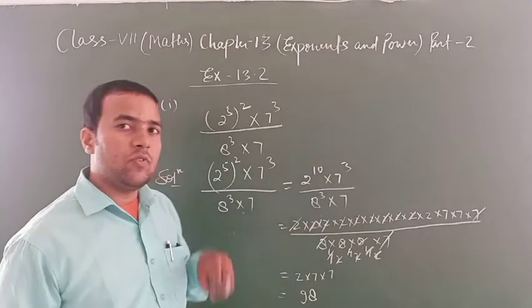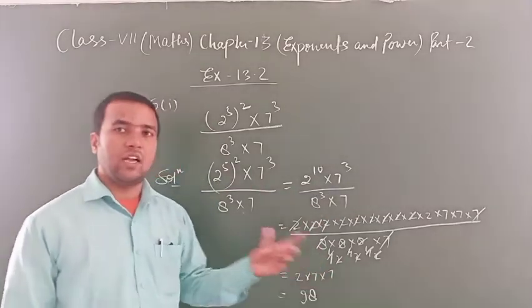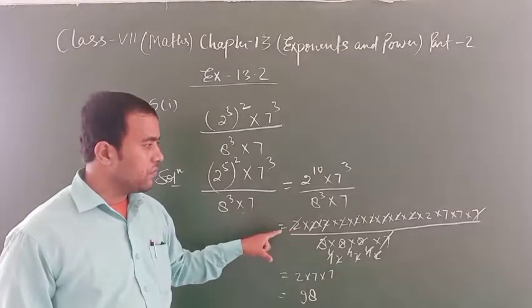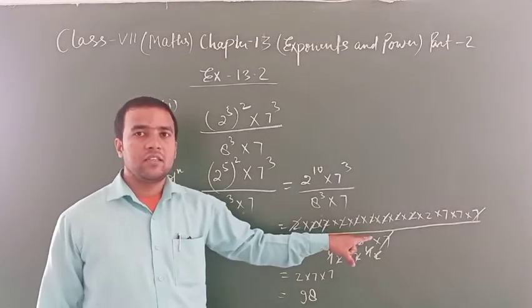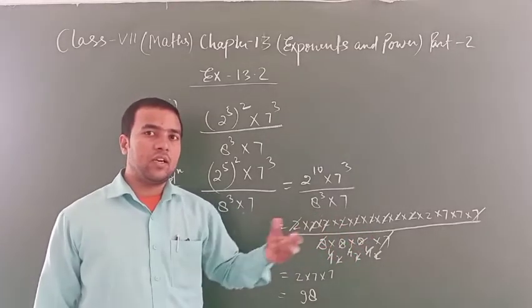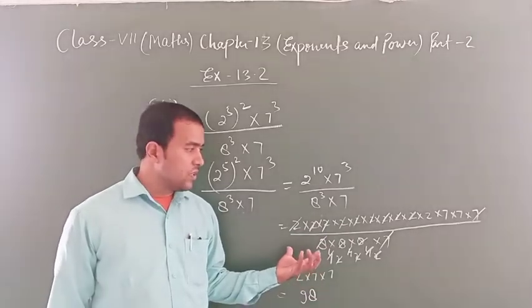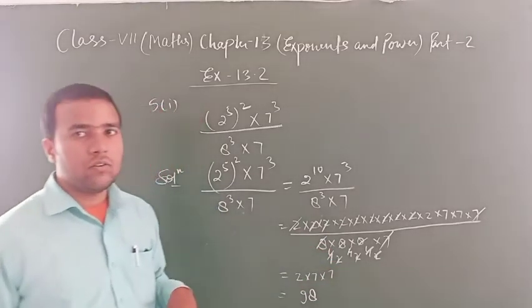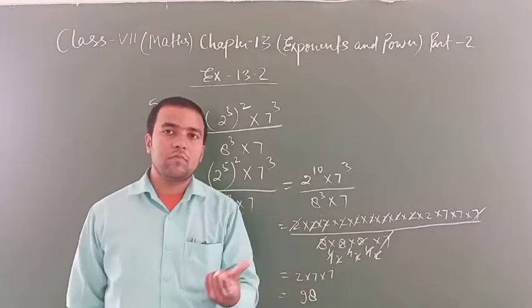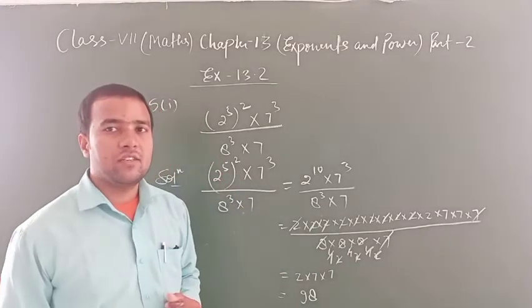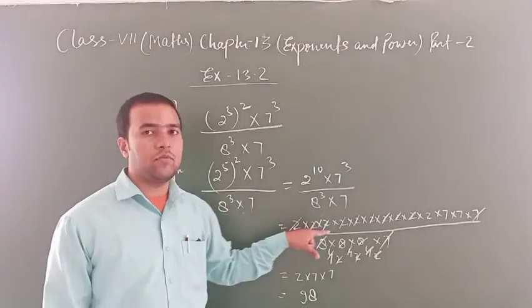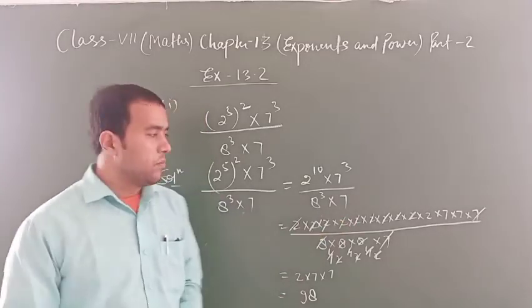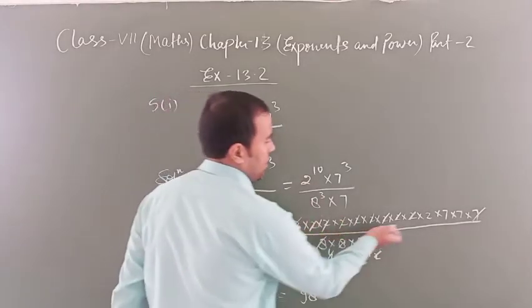Suppose we can do it directly, but we have done it like this because you understand very nicely. If we do it directly, you may not understand what we have done, and then there is a problem. That's why I am telling you stepwise. 2 power 10 means we can write 10 times 2.